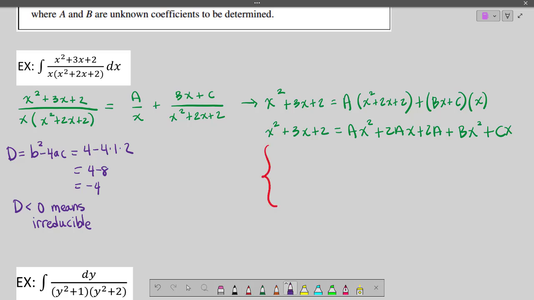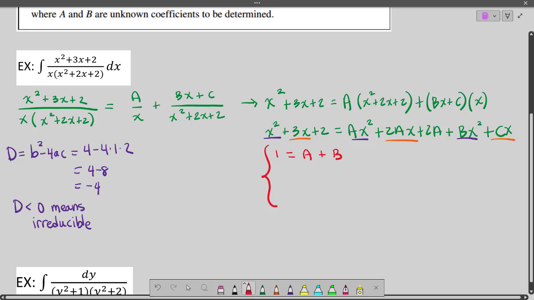So we have x squared, and x squared. The coefficient of x squared on the left is 1. The coefficient of x squared on the right is a plus b. If we look at the coefficient of x, I see two terms on the right. On the left, I see a 3 as the coefficient of x.